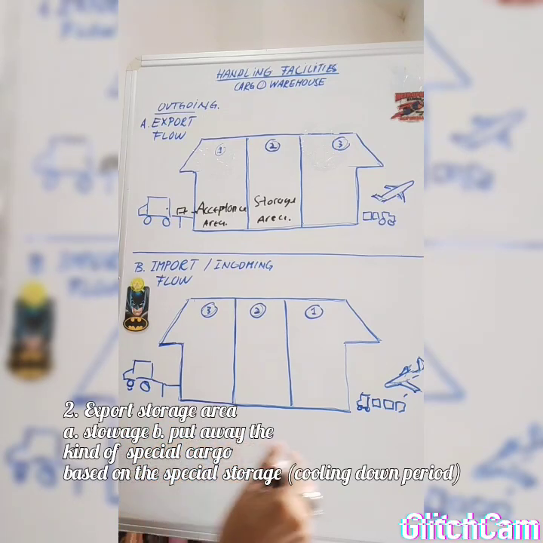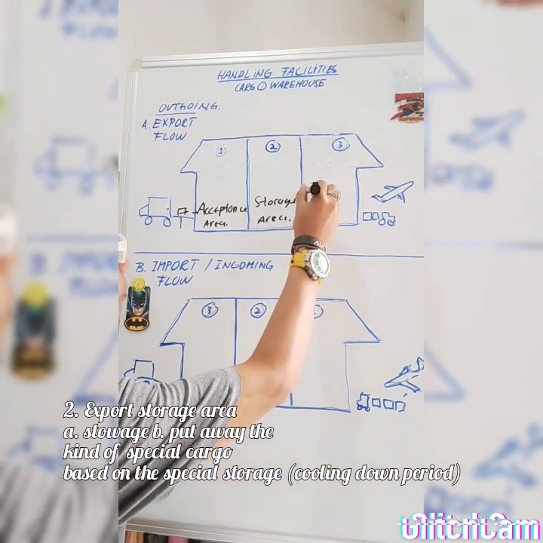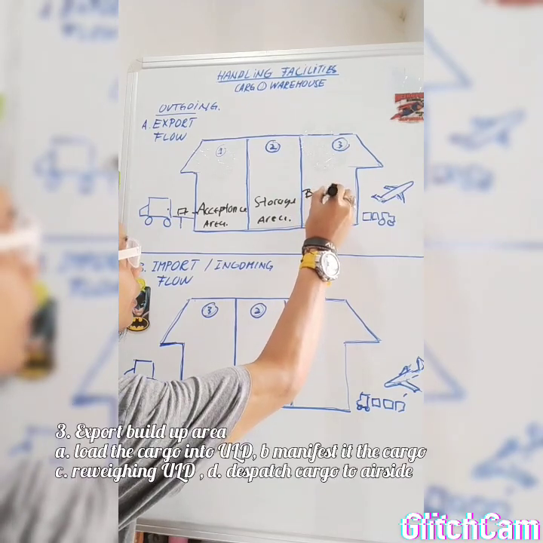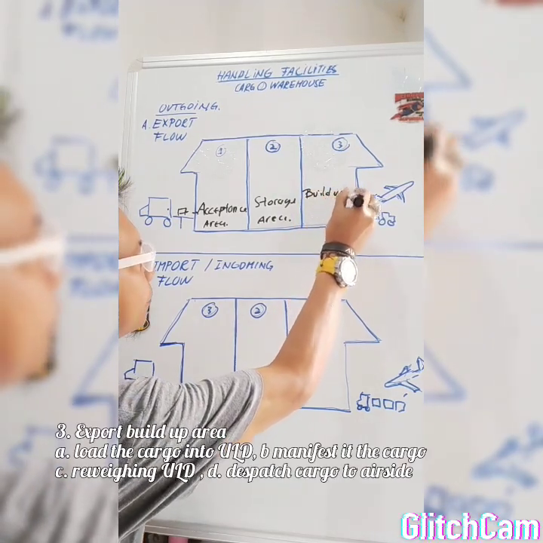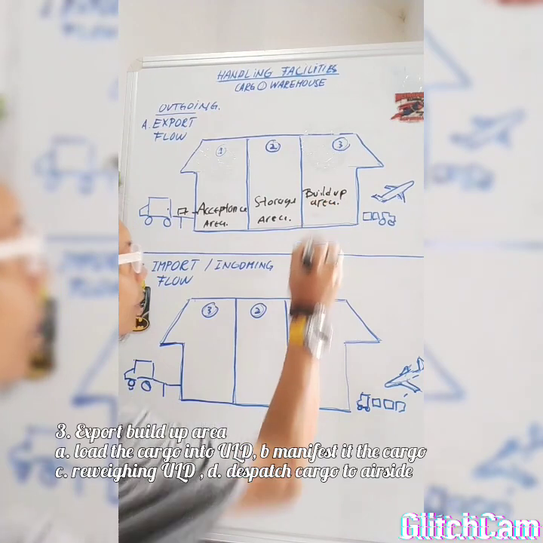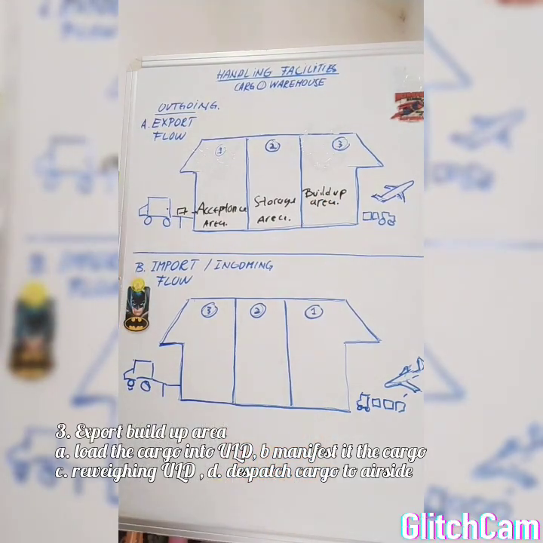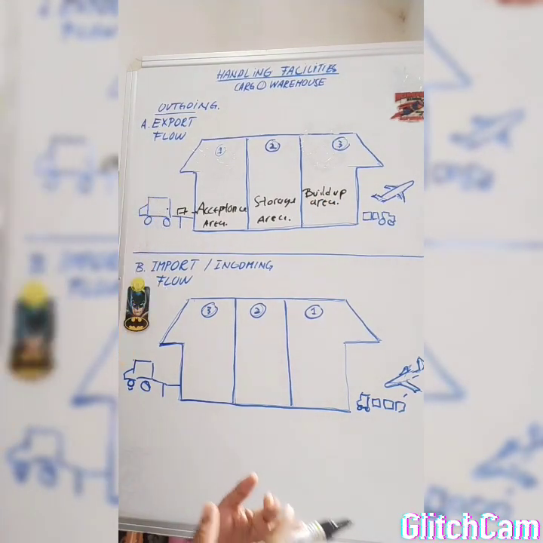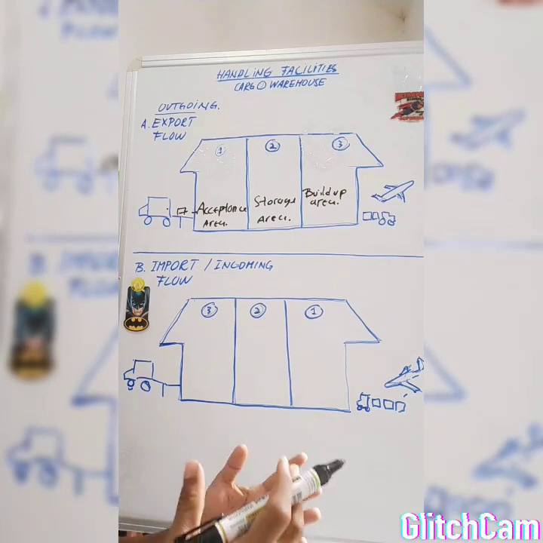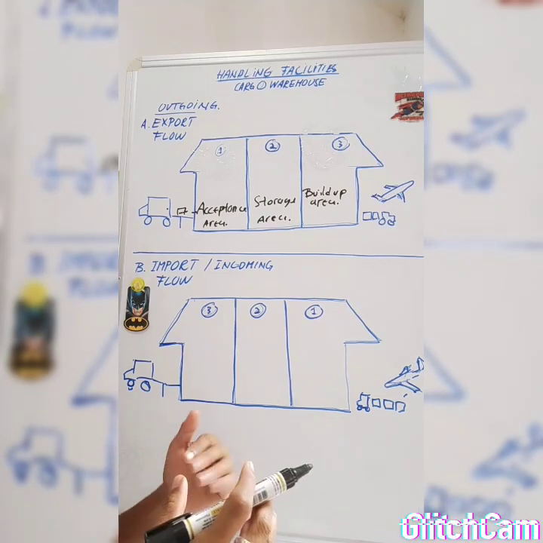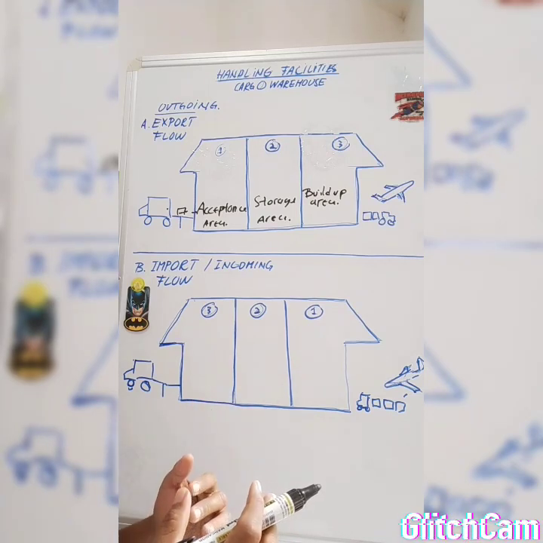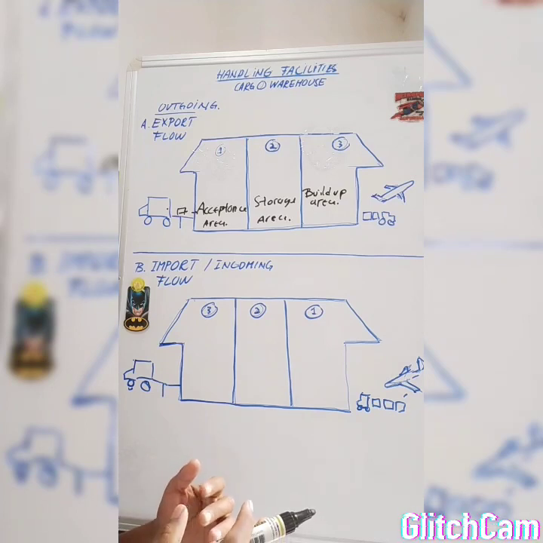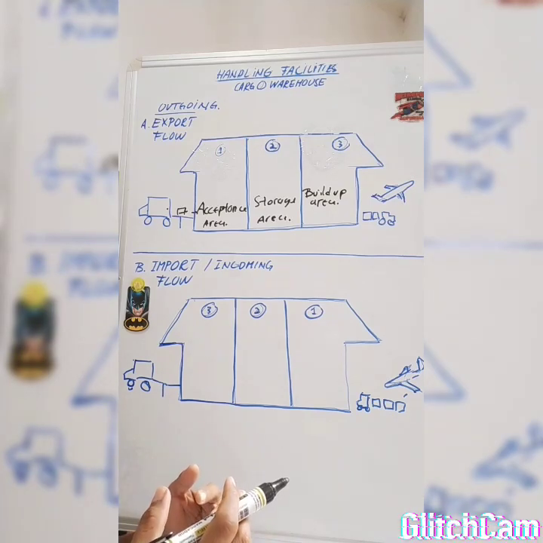The third we call the preparation area, or build up area, where the cargo is built on the ULD, on the container, on the pallet. So on the third area, this cargo is prepared and manifested.